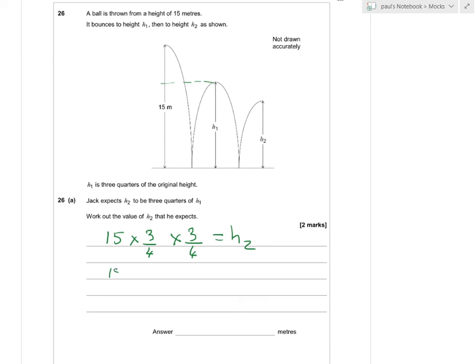So I'm going to change that to a decimal. 15 times 0.75 times 0.75 equals 8.43. 8.43 meters. Right.